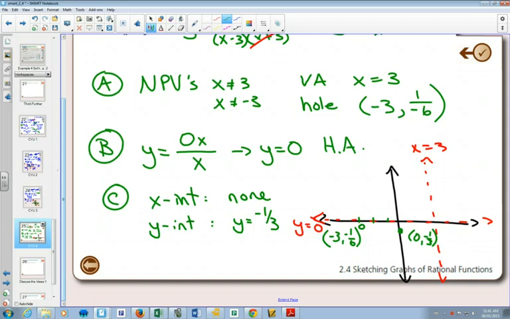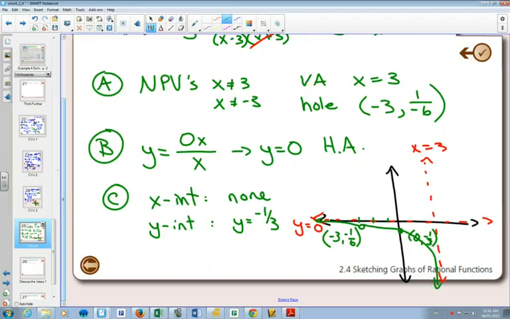So then to decide, do we need more points or not, we're going to look at our vertical asymptote and say, do we have points to the left of it? Yes, we do. So we know this section has to approach our asymptote here, needs to go through this, and then approach our asymptote down there.